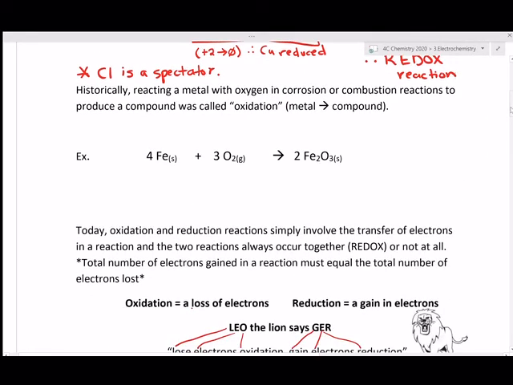Okay, we'll check out this one here, where iron is reacting with oxygen to make rust. So all corrosion is a redox reaction. So again, we've got pure element, 0, pure element, 0. Here, oxygen is -2, so we could actually work this one out just because it's a little more complicated.